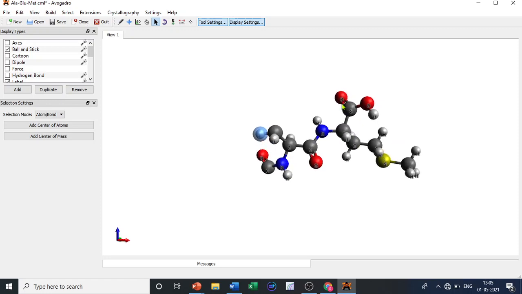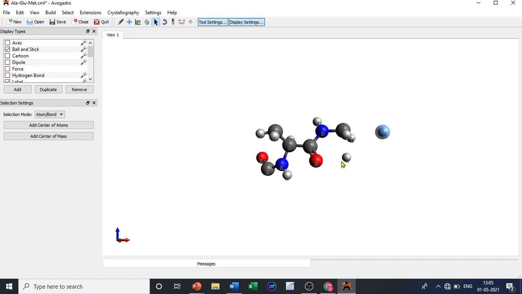I don't want to do anything with the side chain, so I will remove it. I don't need to do anything with this part also, so I'll remove it. All the hydrogens should be gone, and this is the part that should be remaining.